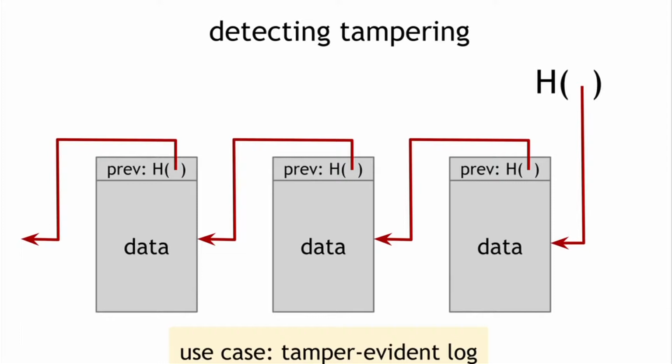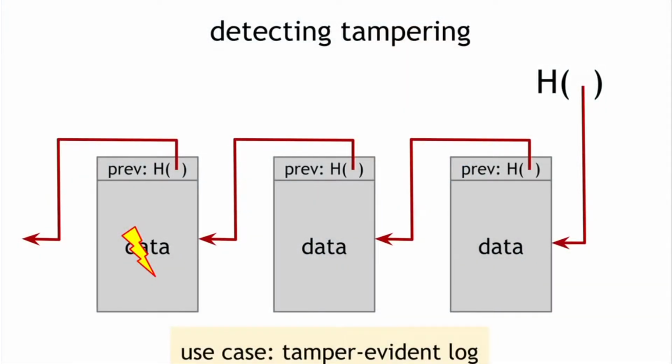So to understand why a blockchain gives us this tamper-evident property, let's ask what happens if an adversary wants to go back and tamper with data later that's in the middle of the chain. OK, so let's assume that an adversary wants to tamper with this block down here. He wants to change the data here, and he wants to do it in such a way that we, the holders of the hash pointer at the head here, won't be able to detect it.